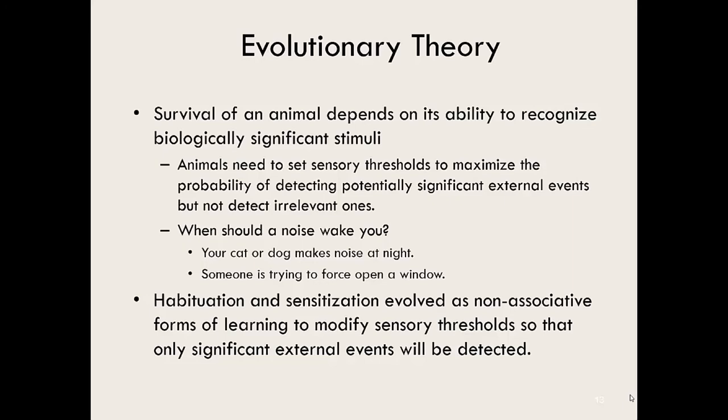So that's the idea, that our ability to determine from all the different stimuli that are around us, which are the ones that might kill us, which are the ones that might lead to food. We need to be able to figure out which of these cues are important and be able to sort of tune out the ones that are not important. So that's the idea. And we're going to talk a little bit about this notion of a sensory threshold.